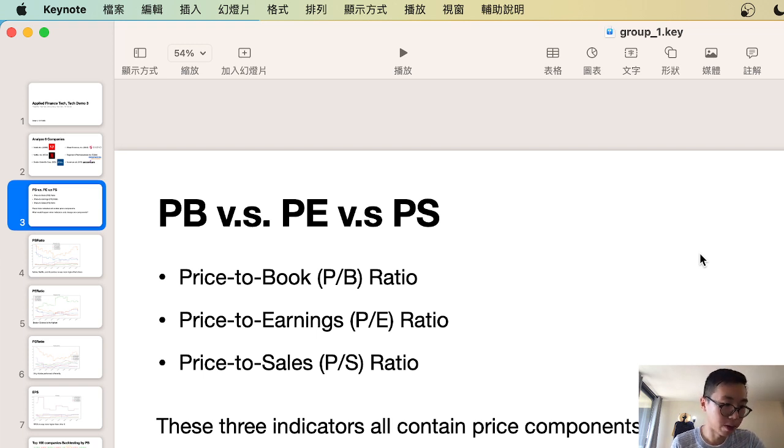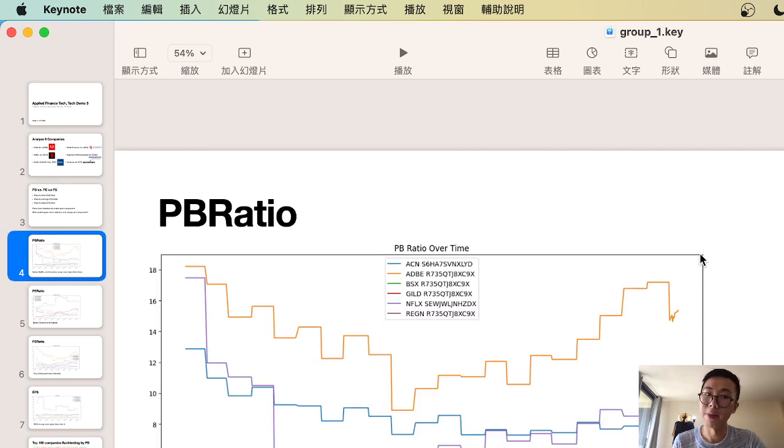And the PS ratio is market value per sales per share. So this ratio doesn't take into account whether the company makes any earnings or will make earnings in the future.